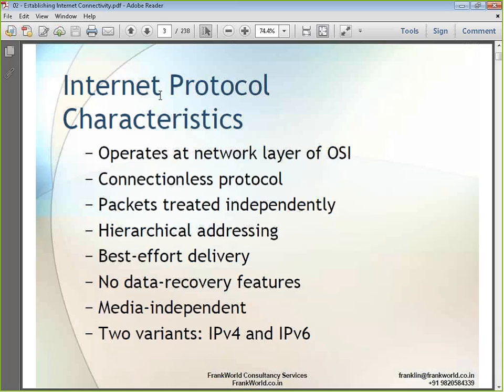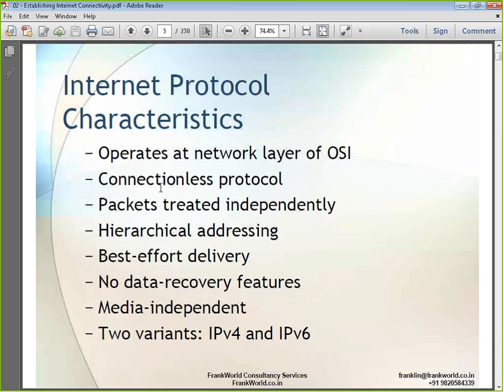When I talk about the internet protocol or IP in general, it operates at the network layer of the OSI model, as I mentioned before. It is a connectionless protocol. I cannot describe IP as connection oriented at all. Why?